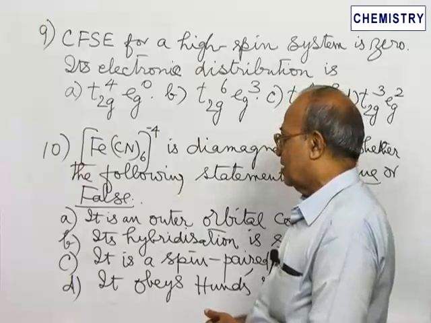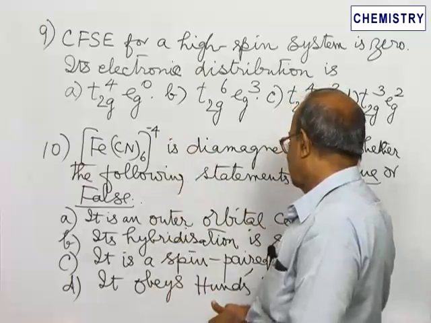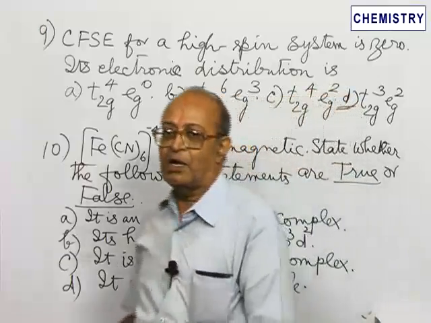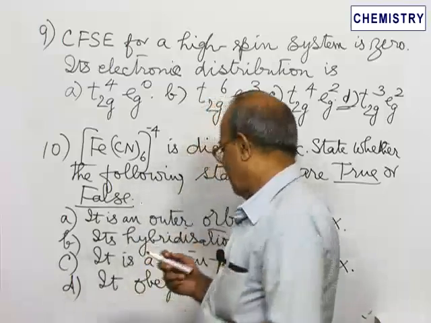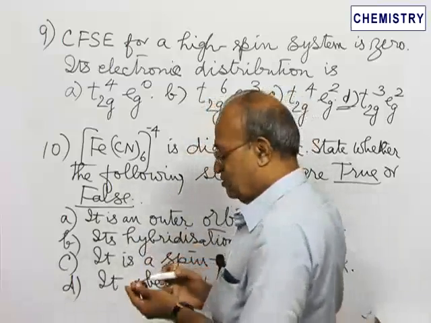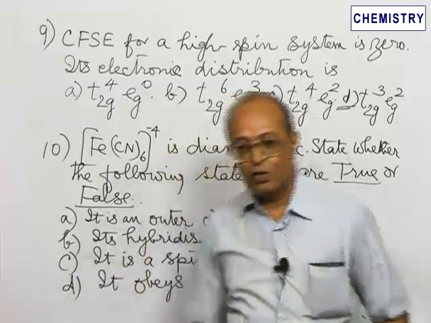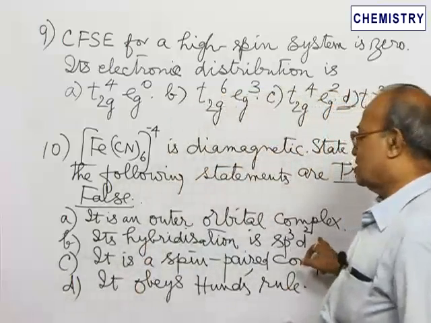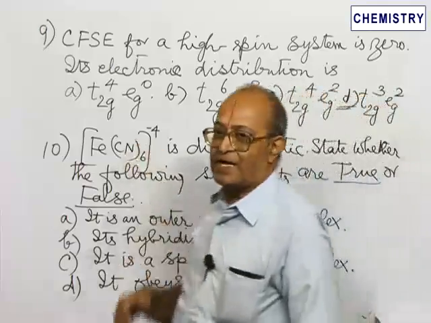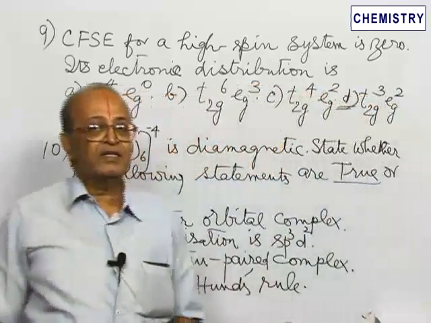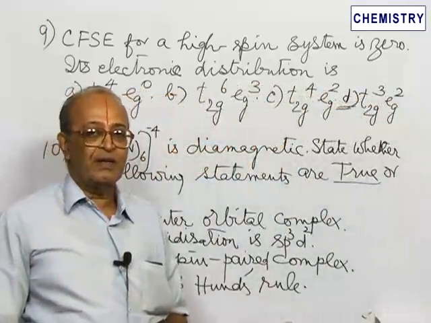According to option A, this is an outer orbital complex. Outer orbital complex means sp3d2 hybridization should be present. But the cyanide ligand is a strong field ligand.